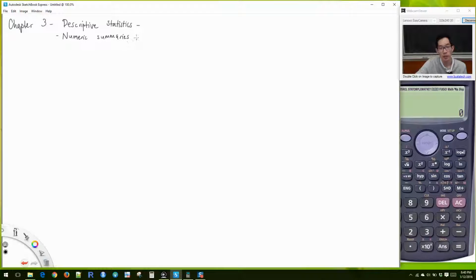Okay? And so what we're doing, and here we're dealing with numeric data. So we're going to have numeric summaries for numeric data. But we can have numeric summaries for categorical data as well. But in chapter 3, we're focusing on numeric data.